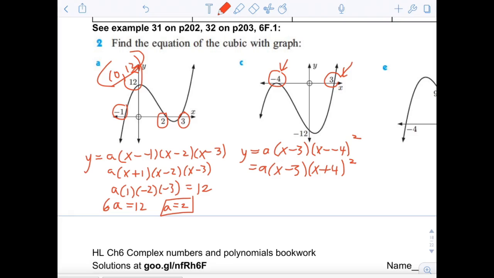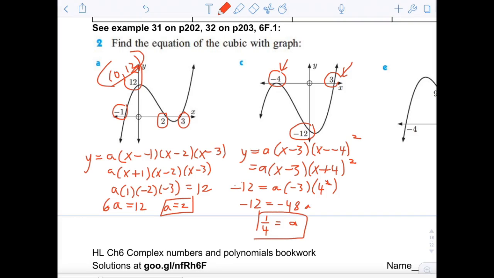And we know that one of the points that can be used to figure out what a is (0, -12). So we could say -12 equals a times -3 times 4 squared, which is -3 times 16, which is -48 a. So a is equal to -12 divided by -48, which is 1/4.